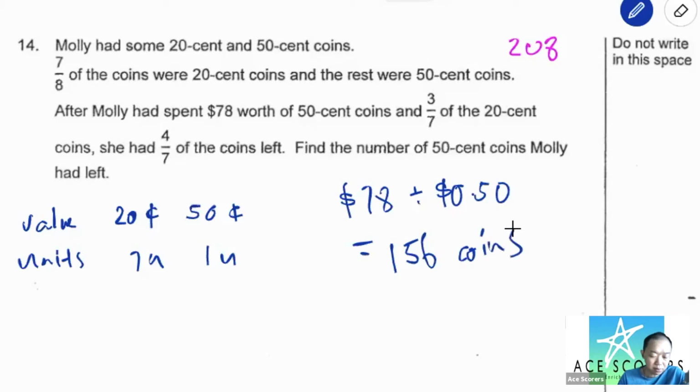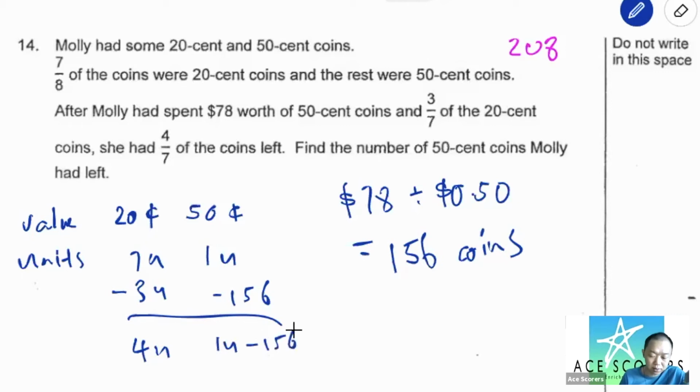Which means at first, this one was minus 156 coins. Minus 3 out of 7 of the 20 cents, so minus 3 units. Of course, here left 4 units. And this is 1U, take away 156. This is 4 out of 7 of the coins left.